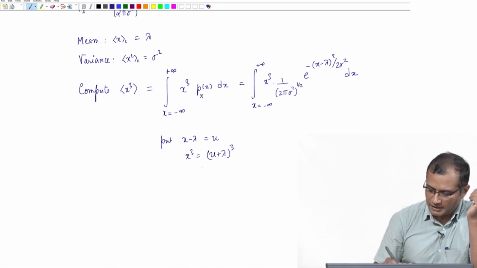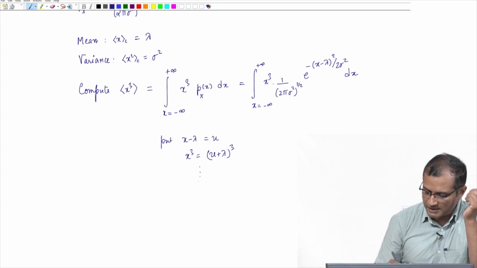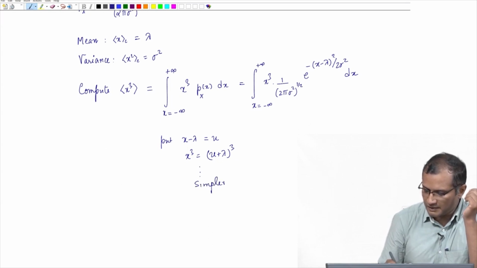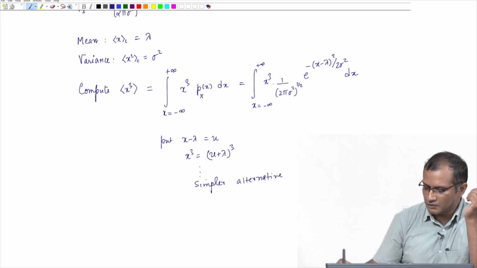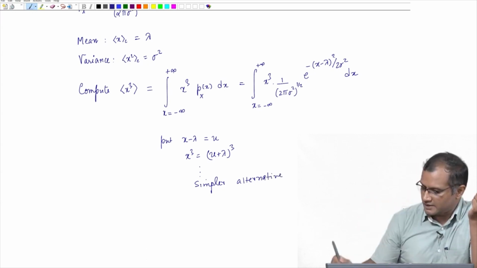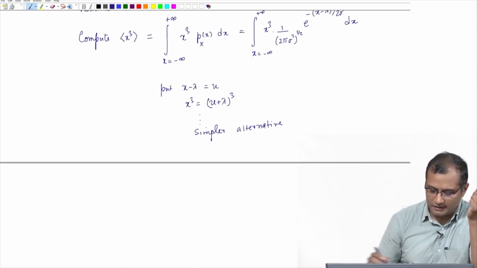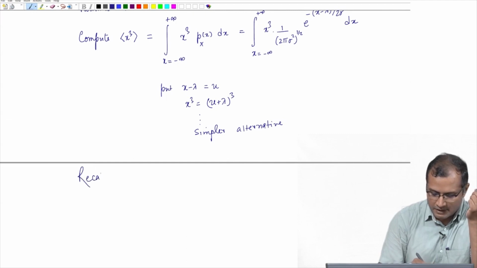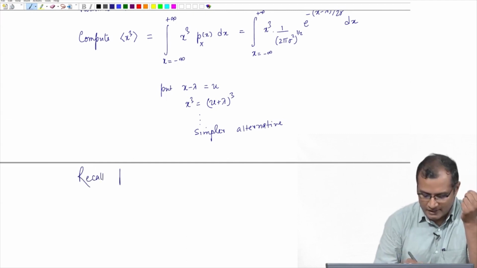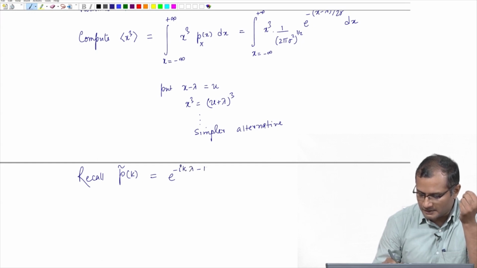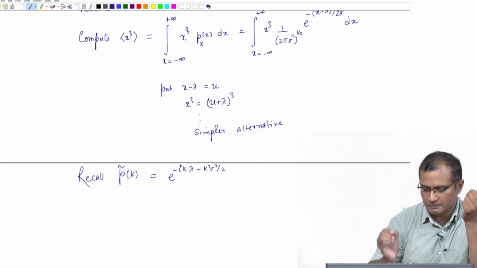The other way, and I will say a simpler alternative, is to use the characteristic functions. You can recall that the Gaussian PDF had the characteristic function given as e to the power minus i k lambda minus k square sigma square by 2.